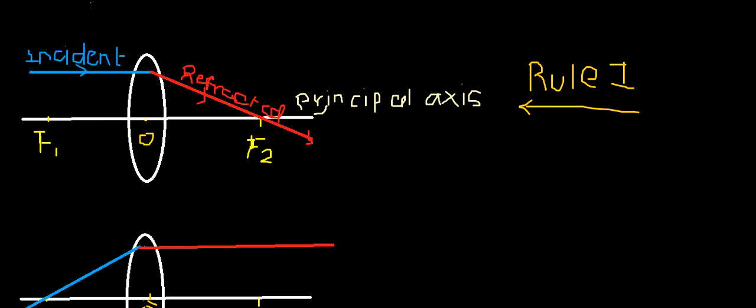You might now understand that I'm using blue color for incident ray and red color for refracted ray. So I will define it: when the incident ray passes through the principal focus, the refracted ray is parallel to the principal axis. This is the principal axis. So this was our rule 2.